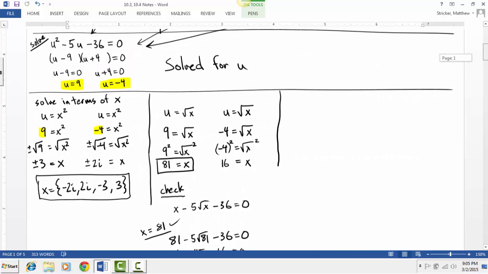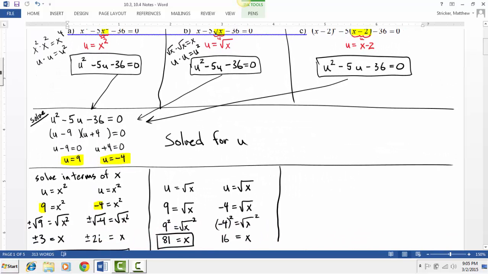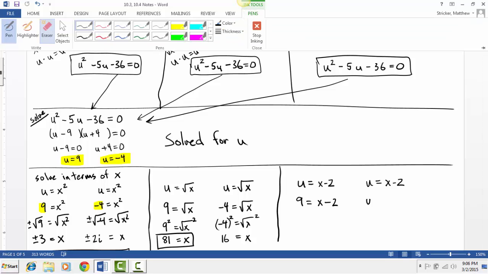Okay. Moving to the last equation, again we're going to use our substitution that we made. In this case it was u equals x minus 2. And we are going to again plug in our u value. We found that u is equal to 9 and that u was equal to negative 4.